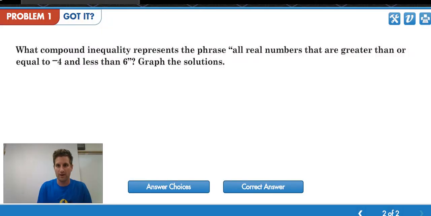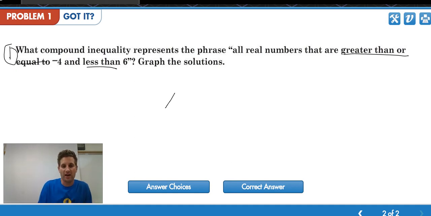Number 1. What compound inequality represents the phrase all real numbers that are greater than or equal to negative 4 and less than 6? So first of all, we have this greater than or equal to, and we have a less than. All numbers, so that's representing a variable x.